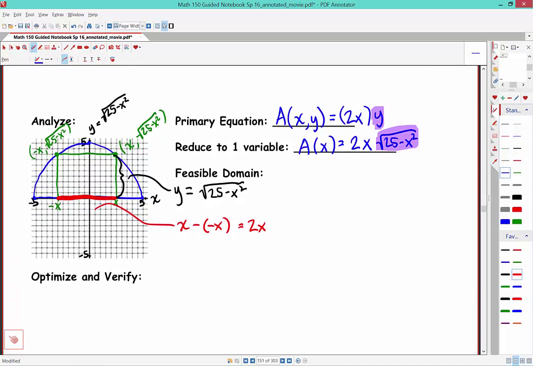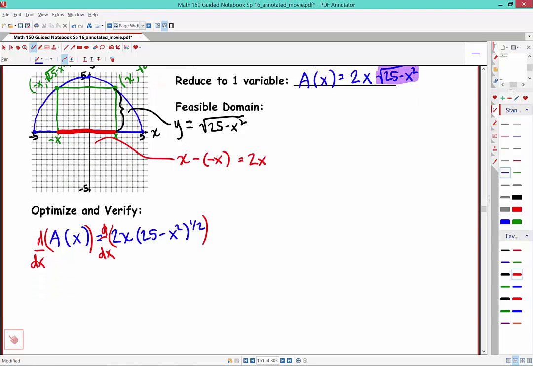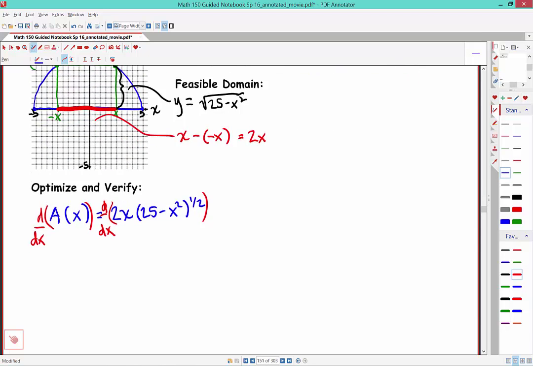Let's do our thing. We're going to optimize and verify. So area in terms of x alone is equal to 2 times x, and I'm going to write this as 25 minus x squared to the 1/2. Differentiating both sides with respect to x, we'll have a product, and within that product we'll have a chain rule.